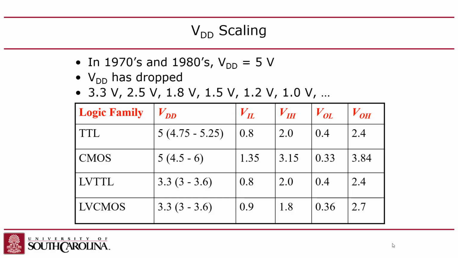And each one of these, it's not shown here, but it's implied that this is older technology at the top of the table, and newer technology at the bottom. What's happening is the voltage levels are tending to be reduced. They keep going down. Back in the 70s, digital logic circuits ran at 5 volts. Nowadays, they run at like 1, I think, or maybe even less than 1. That's the VDD, the power supply.